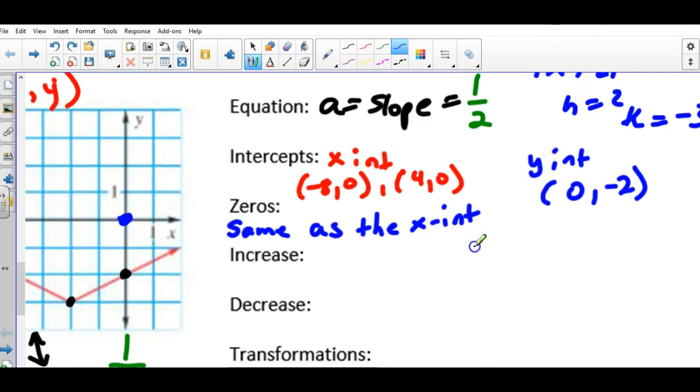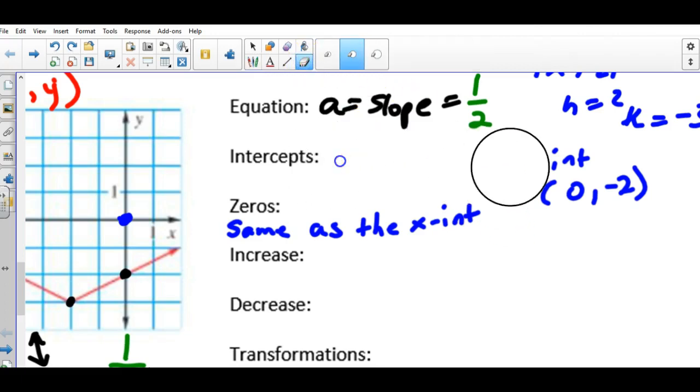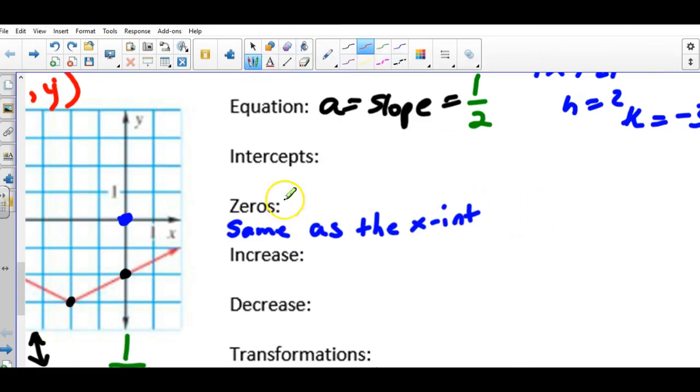So what, of course, is your zeros? Well, here I'm going to erase this just so we can have space. Your zeros are your x-intercepts. So we had -8, 0, and 4, 0. Those are our x-intercepts, okay?